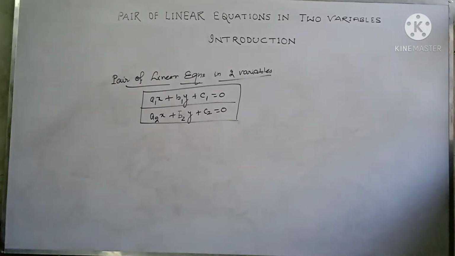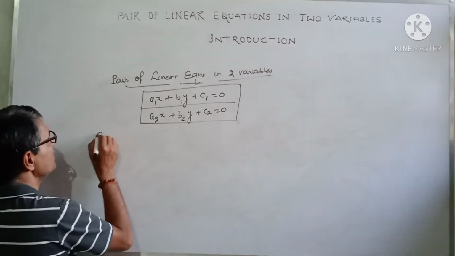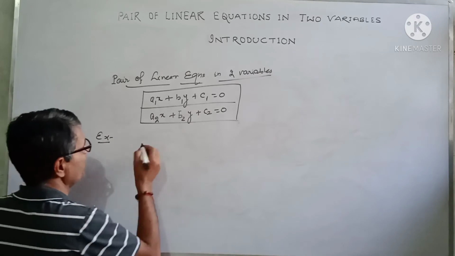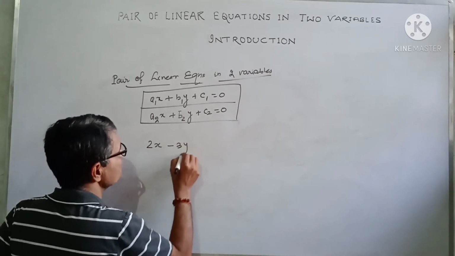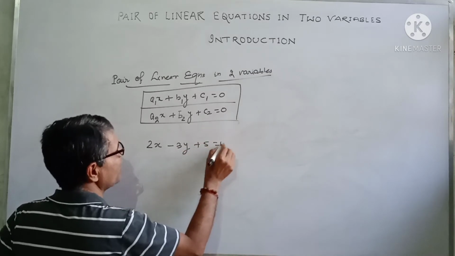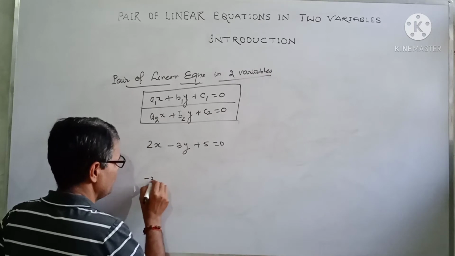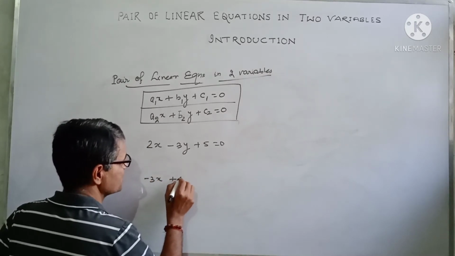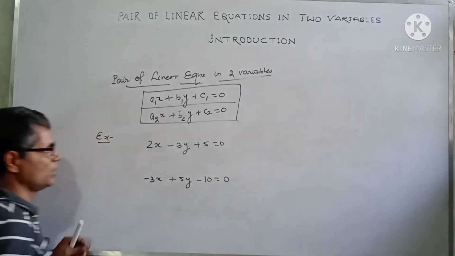For example, 2x minus 3y plus 5 is equal to 0, and minus 3x plus 5y minus 10 is equal to 0.